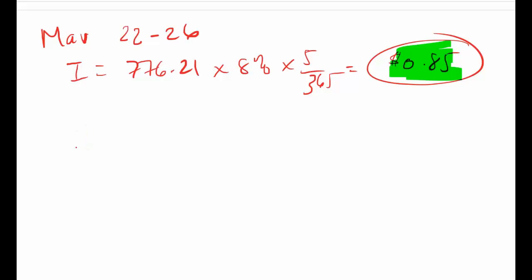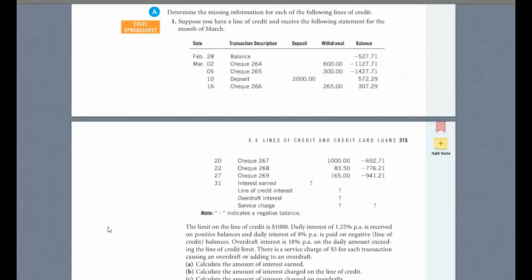Next, we go from March 27th to March 31st. A quick look, because the balance goes to minus 941.21 on the 27th.